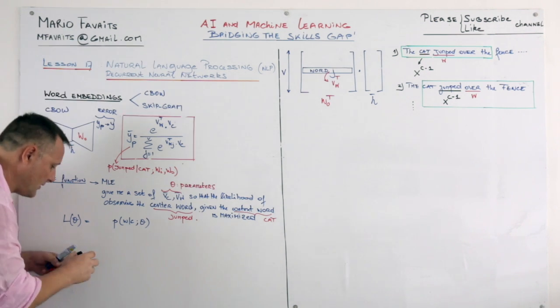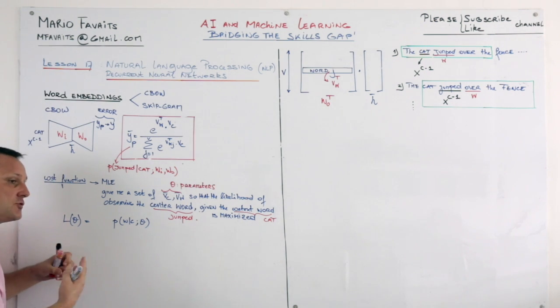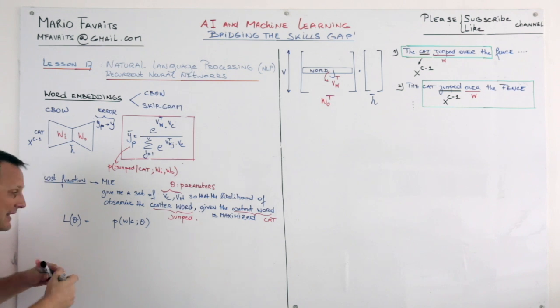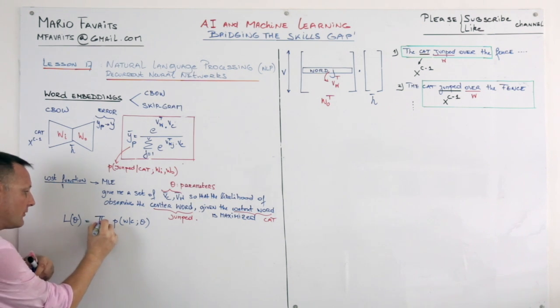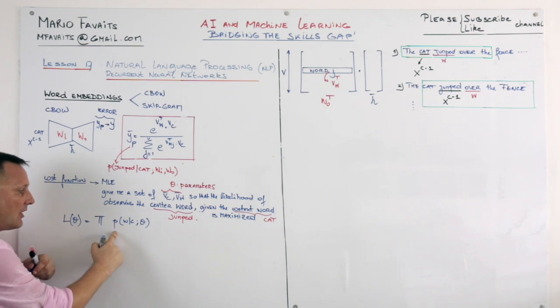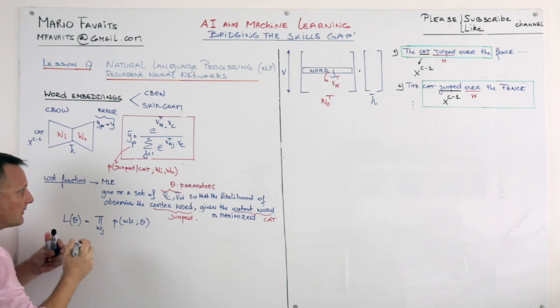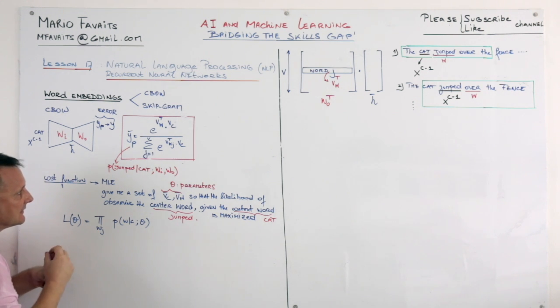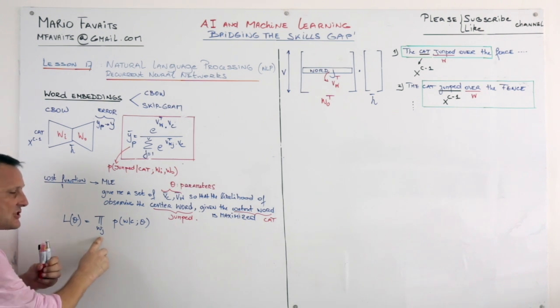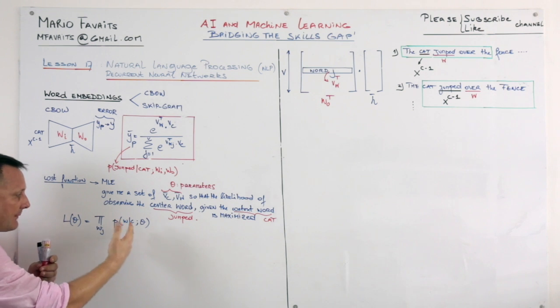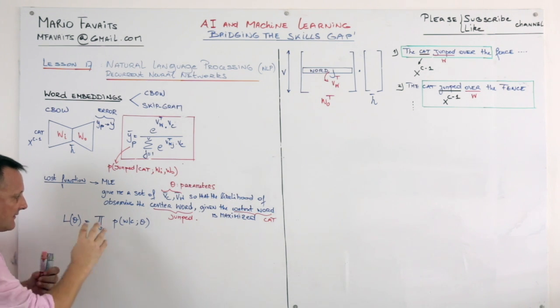If we assume that all the words are independent, then the likelihood is the product of the probabilities over all words Wj, with j going from 1 to the vocabulary.